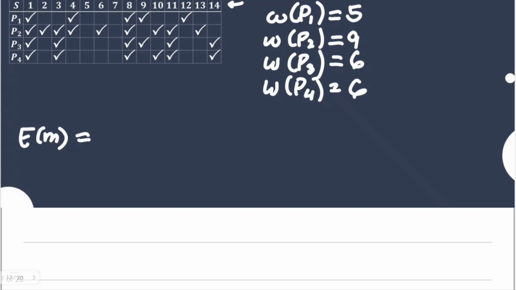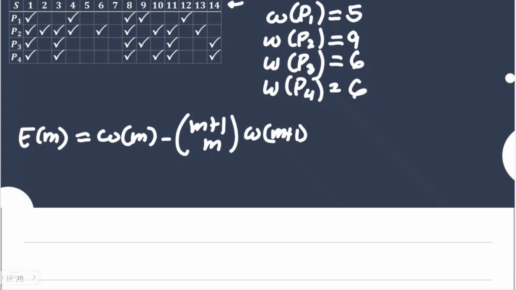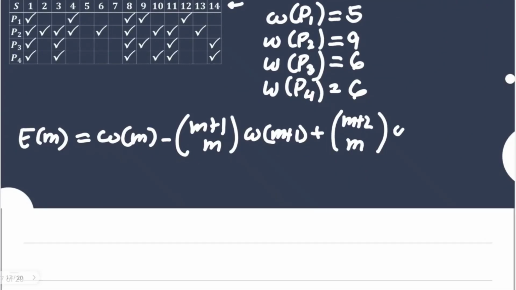We have here omega sub M, minus M plus 1 combination M times omega of M plus 1, plus M plus 2 combination M, omega of M plus 2. I guess we'll end at omega sub 4 because there are only 4 properties here. That is for the case where all of the elements possess all properties. So you have 4.